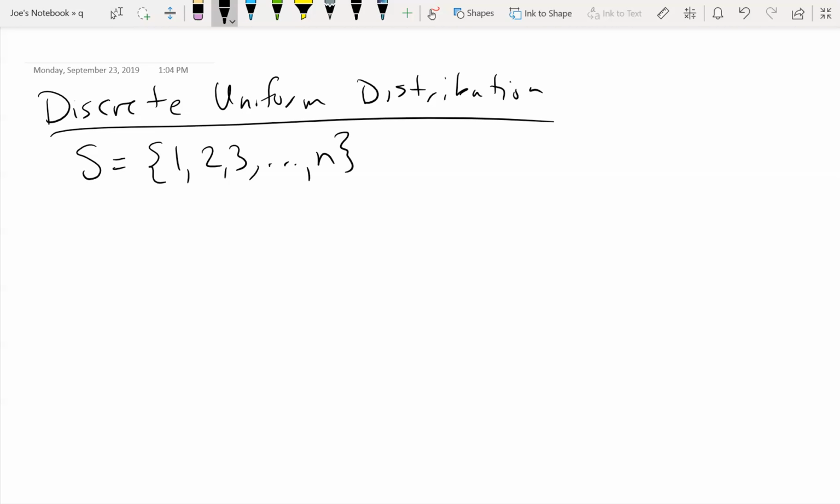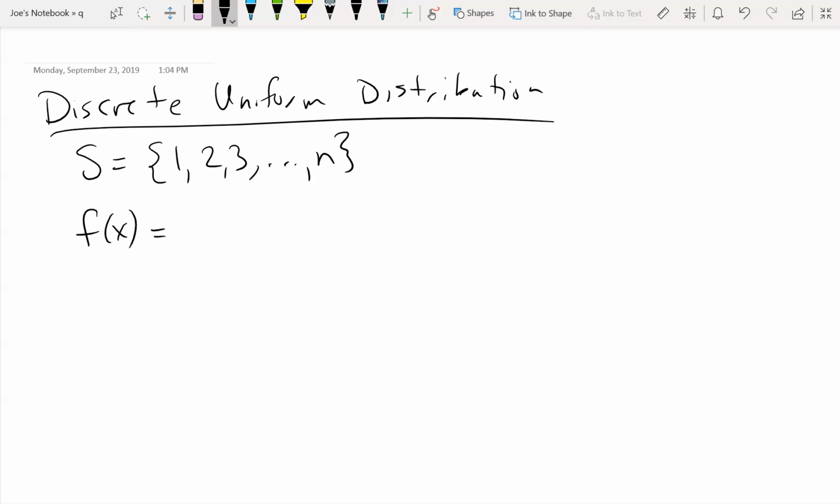The reason it's called the uniform distribution is because each of these elements in the set is equally likely to occur, so the probability is uniformly distributed over each possibility. If each number is equally likely to be chosen, what's going to be your PDF or PMF here?